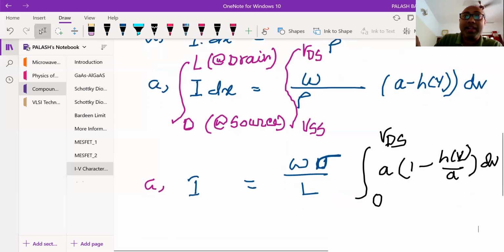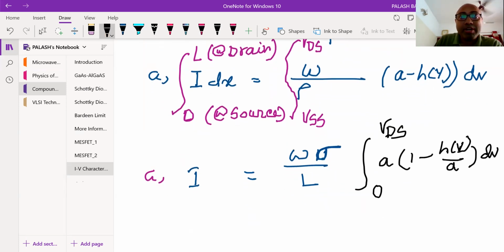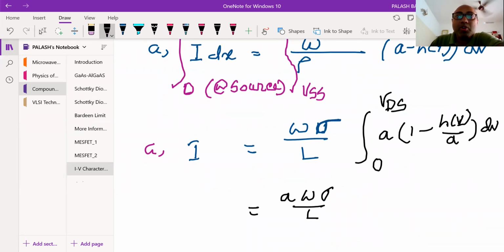So we have to convert these things into variables with voltage. So what do we have to do? Let's take A out. The moment you take A out, W rho by L, this is nothing but conductance, the opposite of resistance, right?